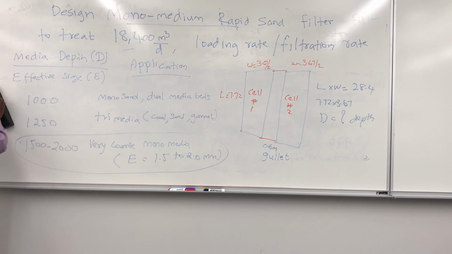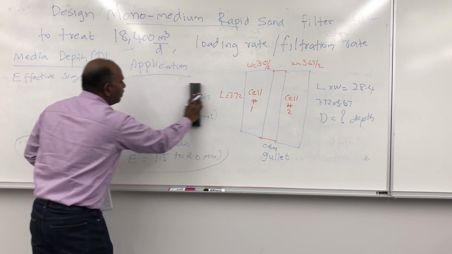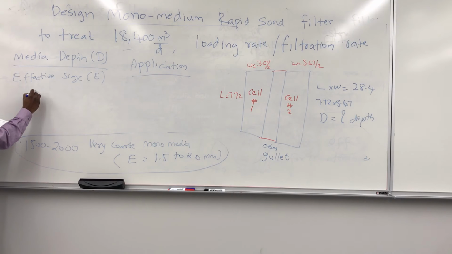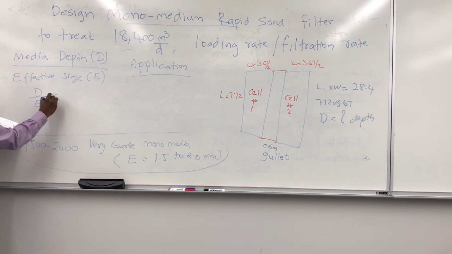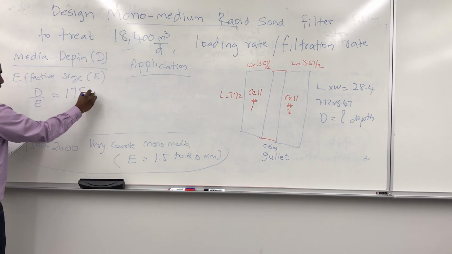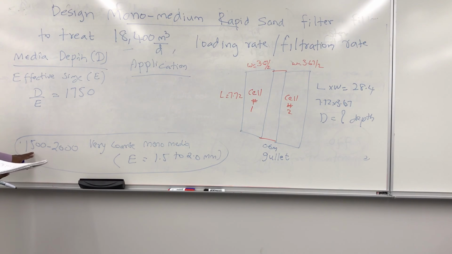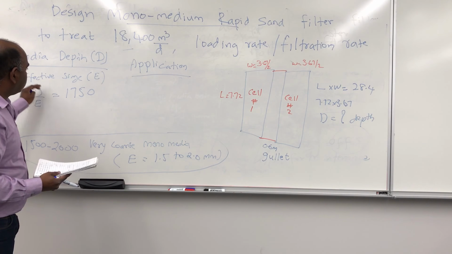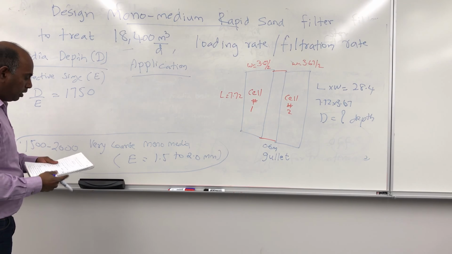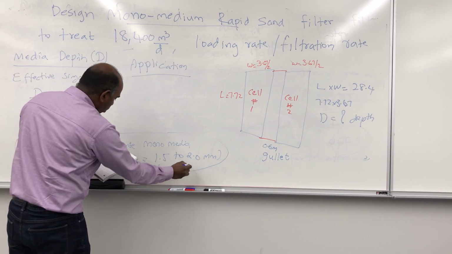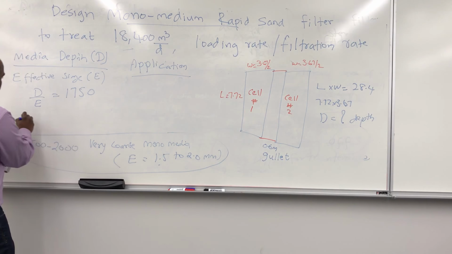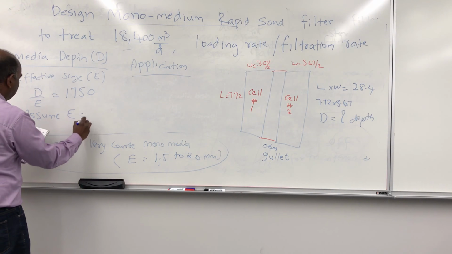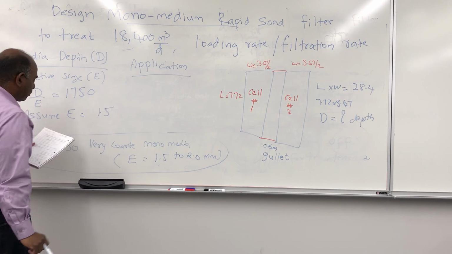Now let's assume the midpoint, D by E equal to 1750. The allowable range is 1500 to 2000. We are assuming a depth to effective size ratio of 1750, and E is given as 1.5 to 2. So assume E equal to 1.5.